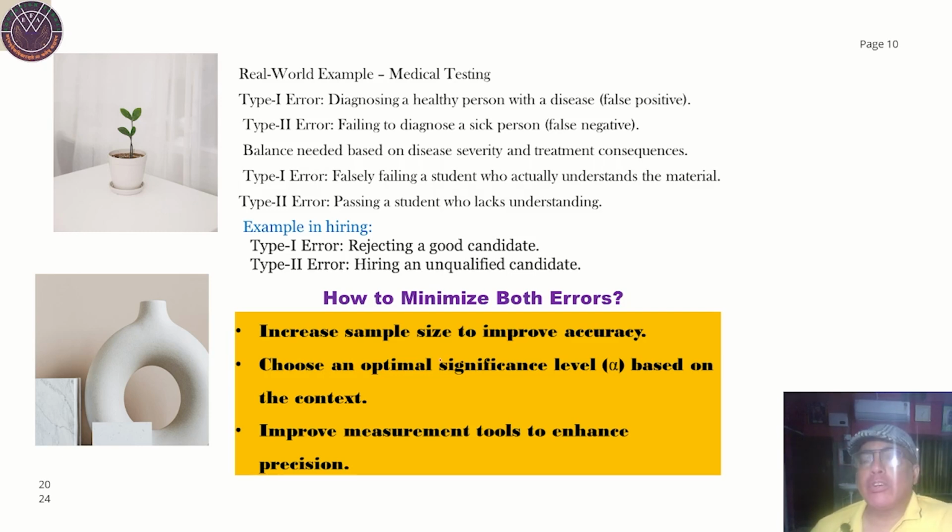You cannot reduce it to 0, or keep increasing it to 40% or 50%. Based upon the context and situation, you should decide upon your alpha. Improve the measurement tool: whatever devices and processes you are using have to be very good, so that precision is there and you do not miss things.